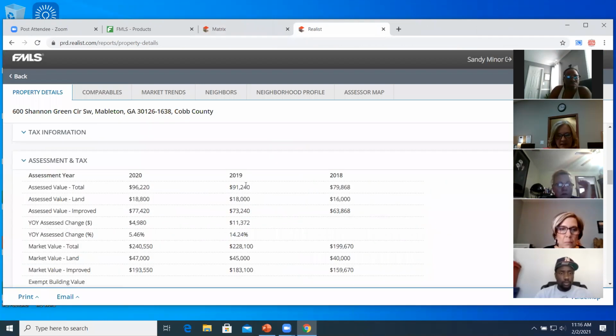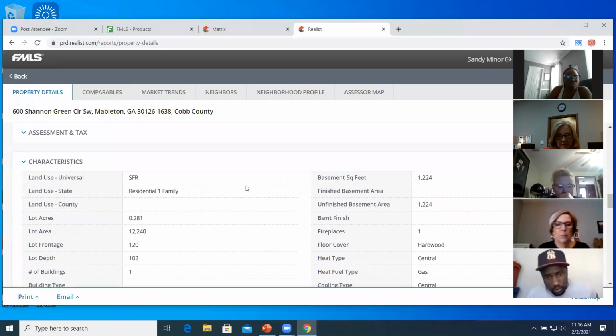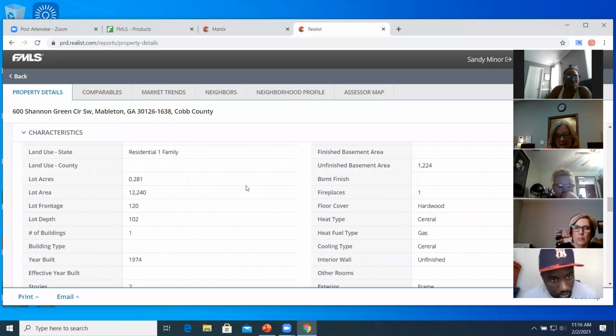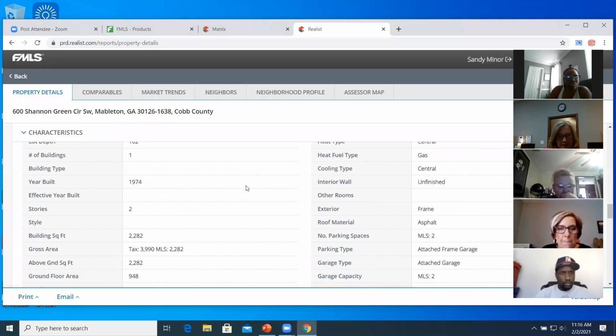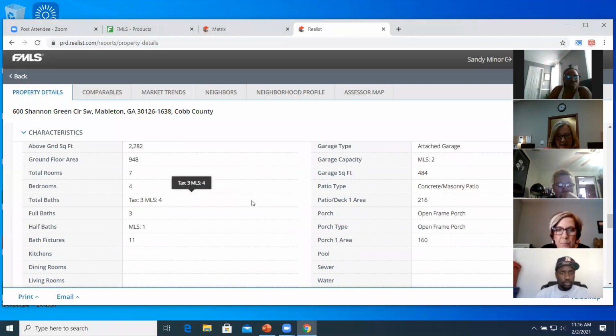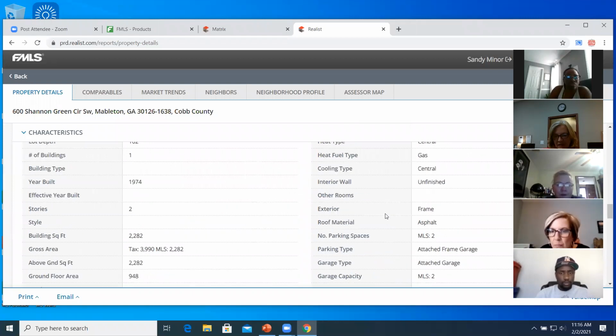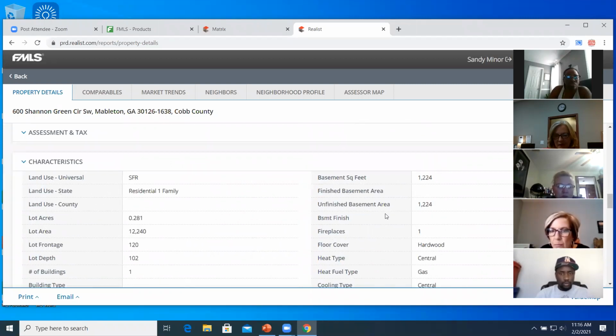Let's get down here into the characteristics of the house. Single family, 1/4-acre lot. It's a 2-story. Average condition, has a basement, 1,224 square feet. Says it's unfinished.